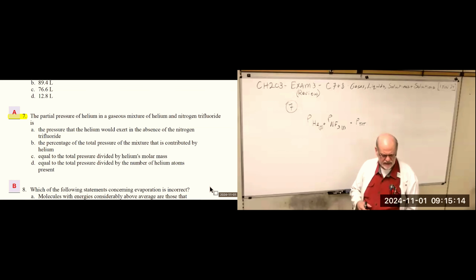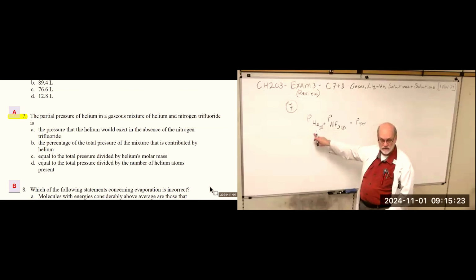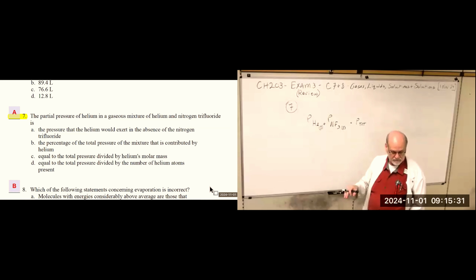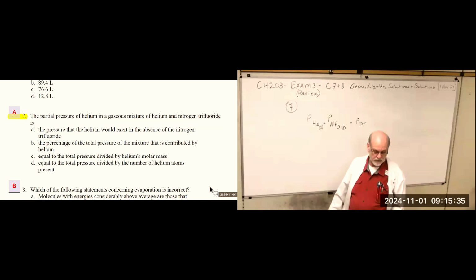A says the pressure that helium would exert in the absence of the other gas. Yeah, that's what partial pressure means. That's the contribution of helium to the total. Whether this one's there or not, that pressure is assigned to helium. So A is the only one that, well, we found our right answer. And we don't have any wonky ones in there like 2 of the above or none of the above type of thing.